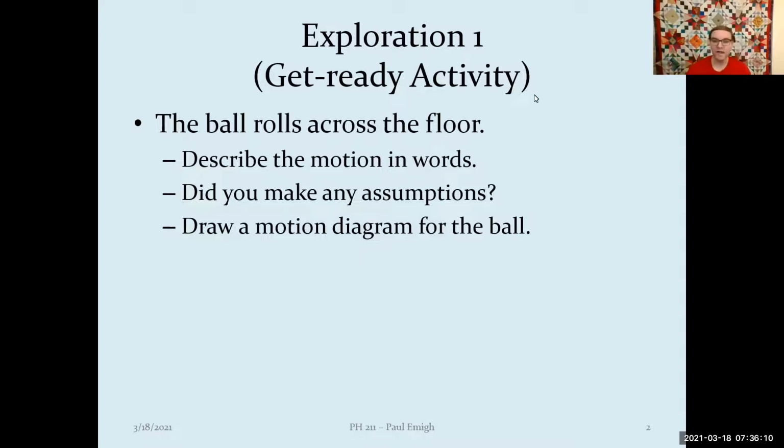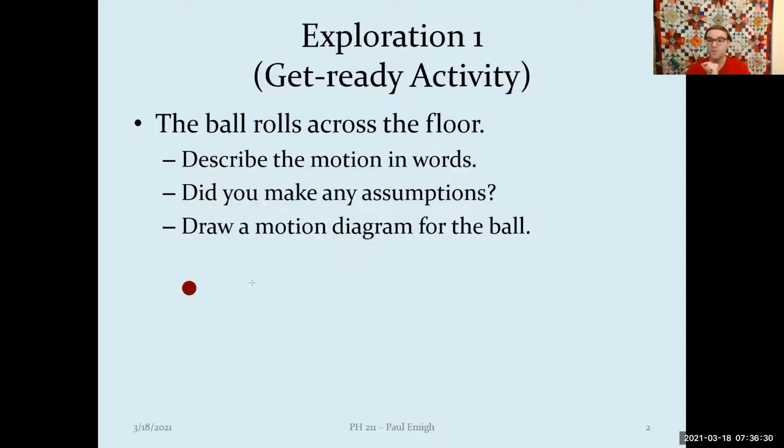Let's go ahead and draw a little motion diagram for the ball, just like we did earlier for Dr. Paz. Once again, a motion diagram is a simplification. So I'm going to draw the ball as a little ball rolling across the floor here. And I'm going to try to capture it at different snapshots in time.